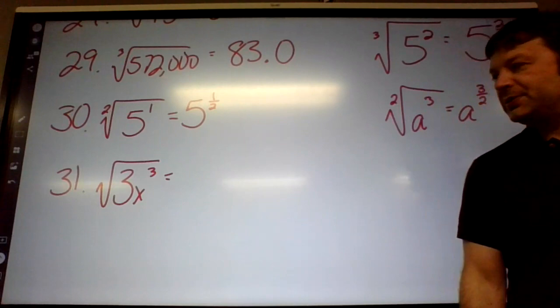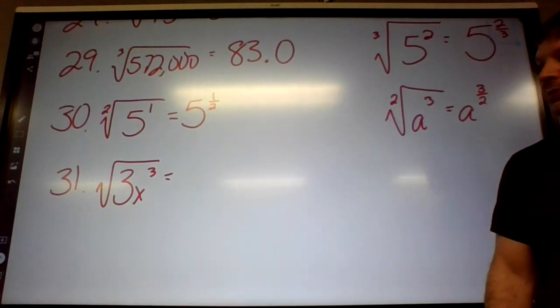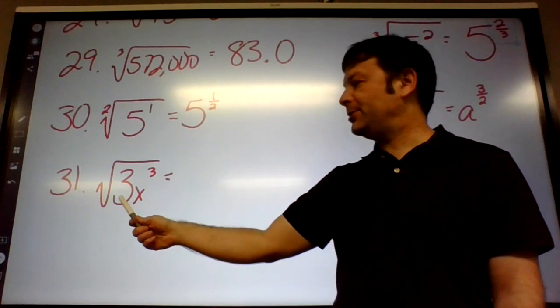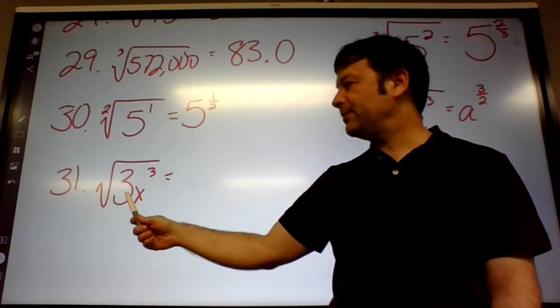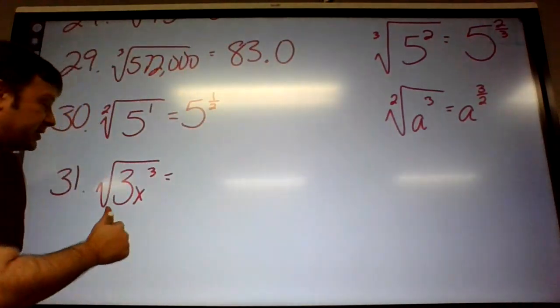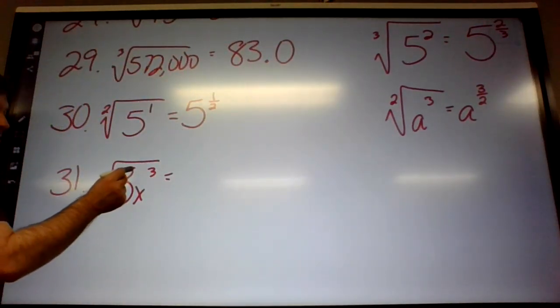Okay, so this has 2 things inside the radical. They're just multiplied together. So we're just going to do them separately. So this would be 3 to the what power? If there's no power on the 3, it's a 1.